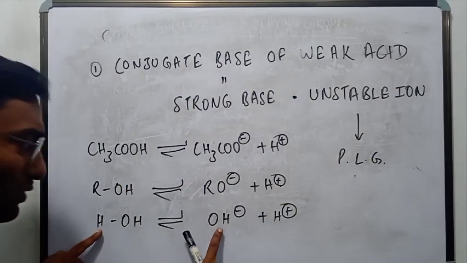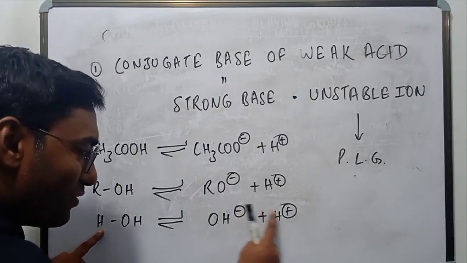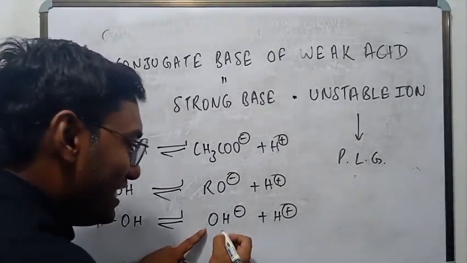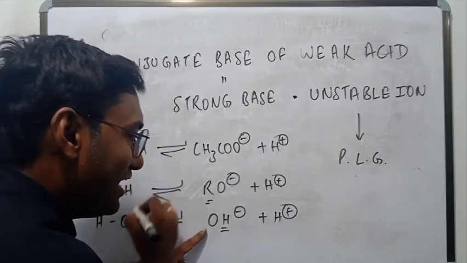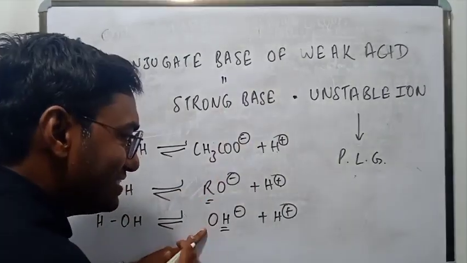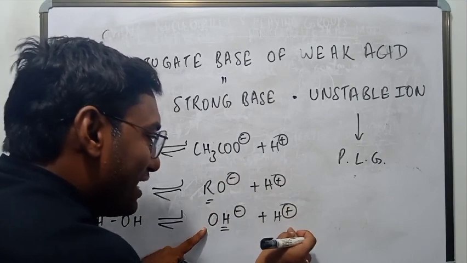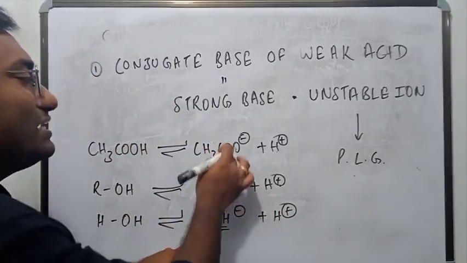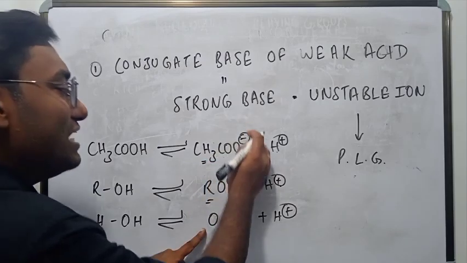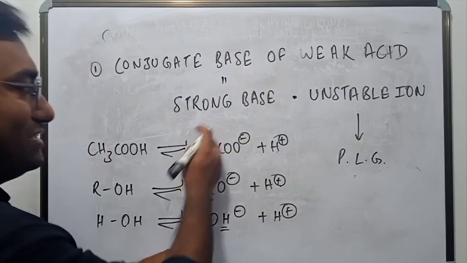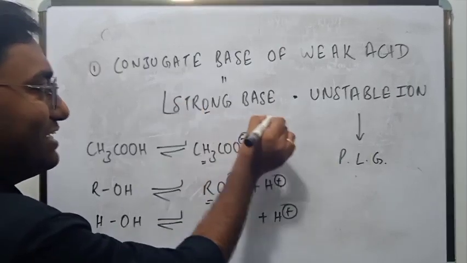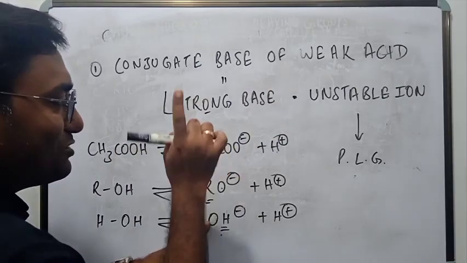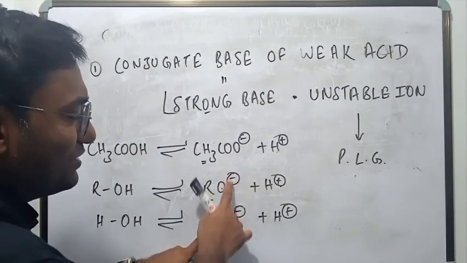Is the OH minus giving its electron pair to H plus to become H2O? Yes. So that means they are strong bases. They donate their electrons. They are strong Lewis bases. The conjugate base of a weak acid is a strong base, correct? So they are all strong bases.